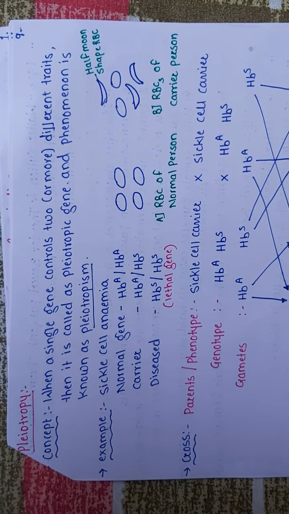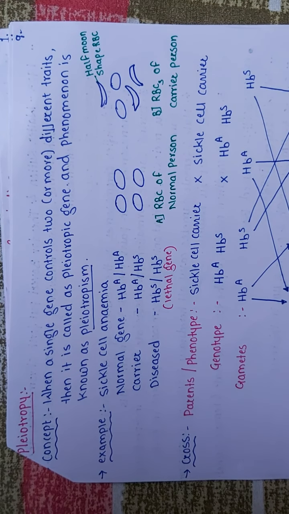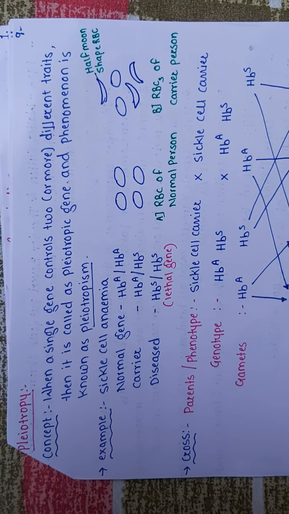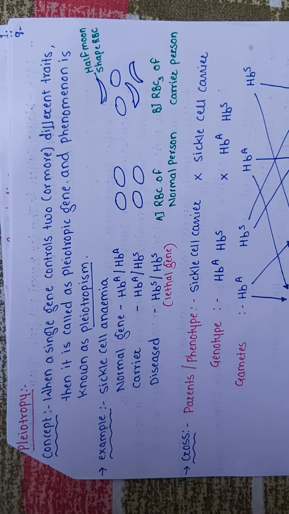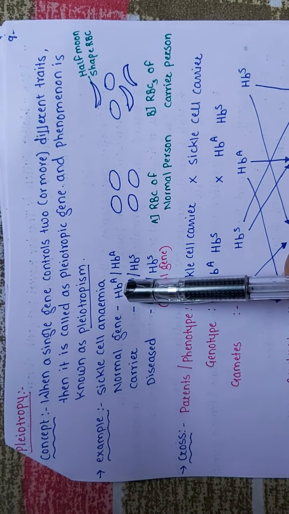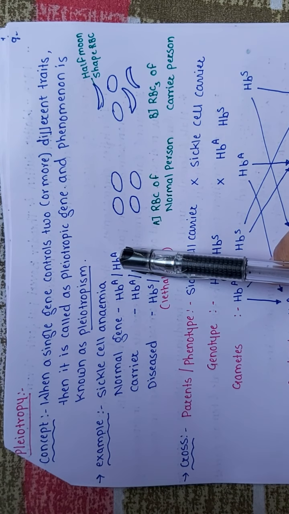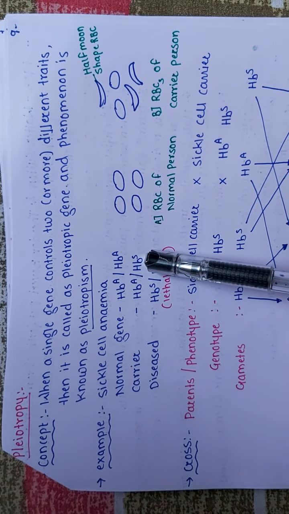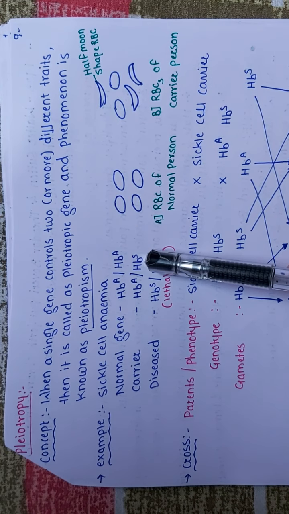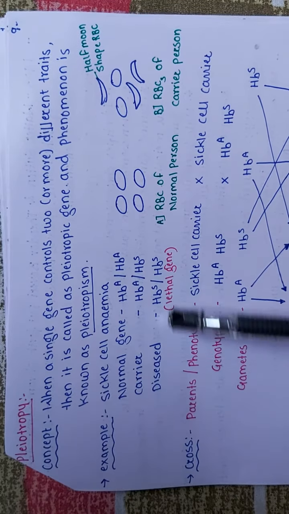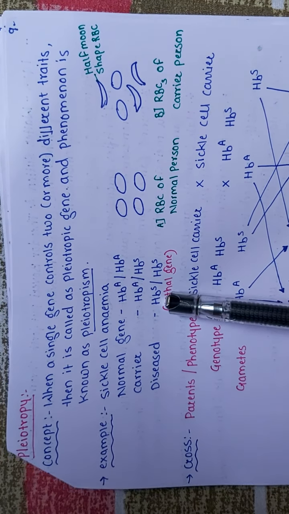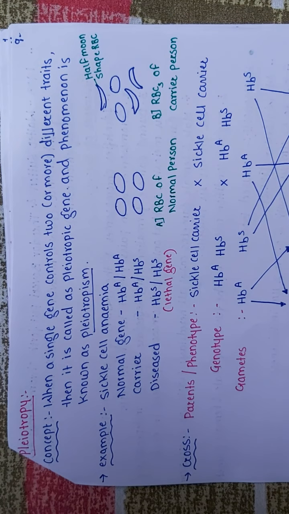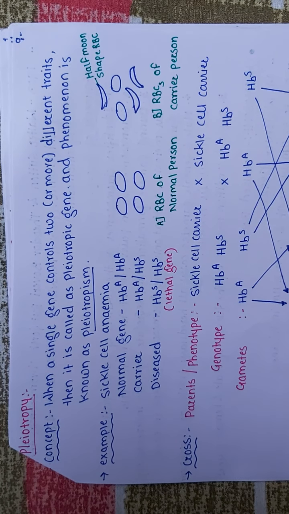HB stands for hemoglobin; it is a hemoglobin disease. The normal gene has the HbA genotype, carriers have HbA HbS, and the diseased one has the genotype HbS HbS, which is a lethal gene. One cannot survive with this genotype.